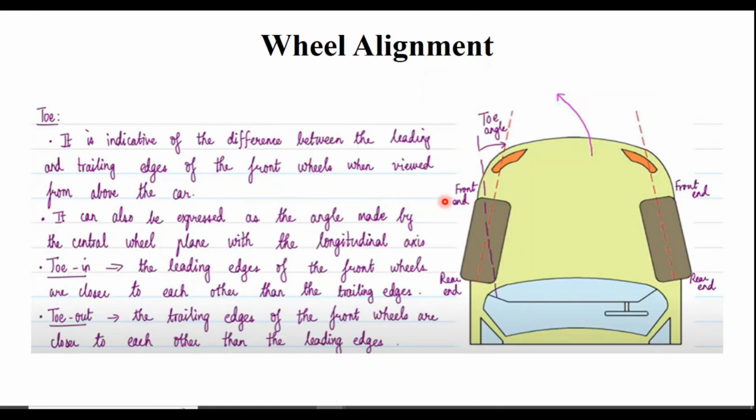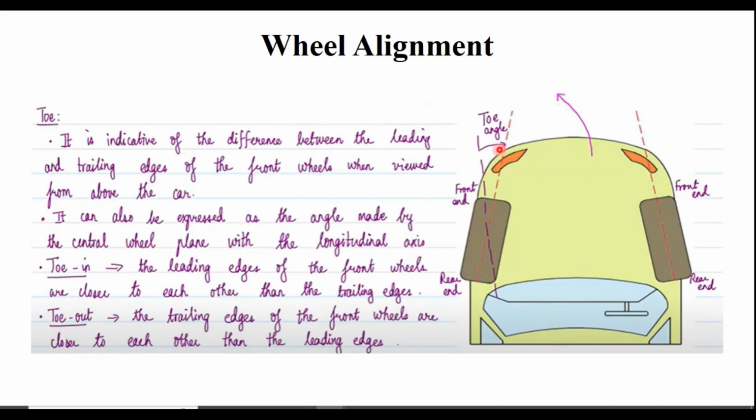Okay, and you have two terms. One is toe in, and another one is toe out. And leading edges and trailing edges. So you see here, the leading edge is the one that is leading away from the wheel.